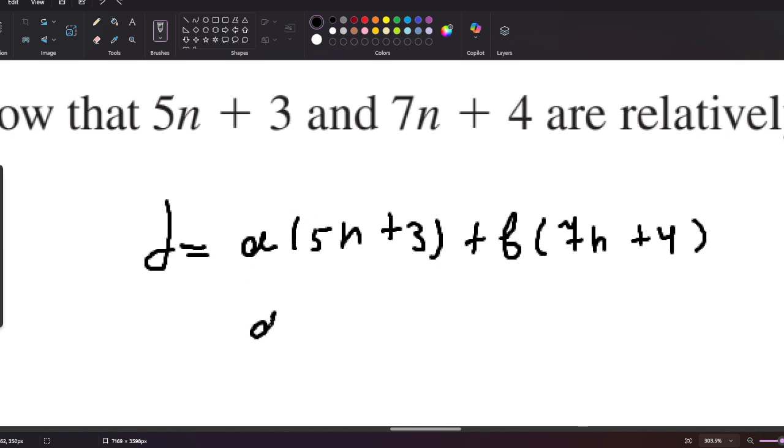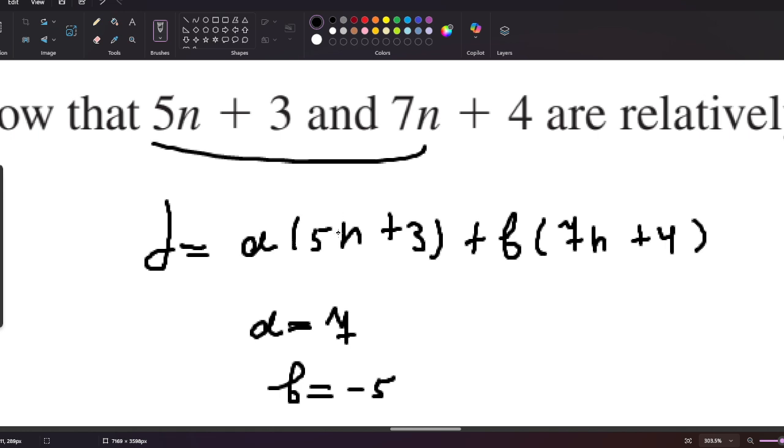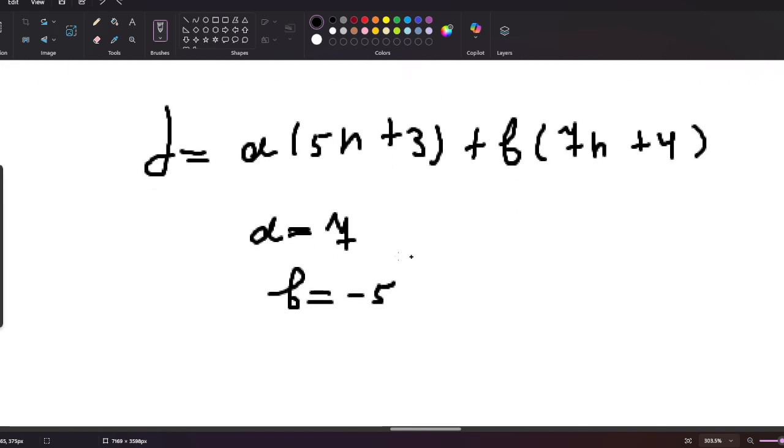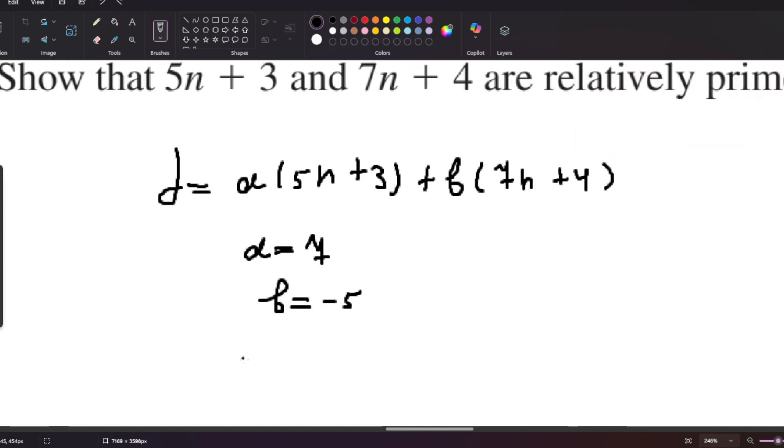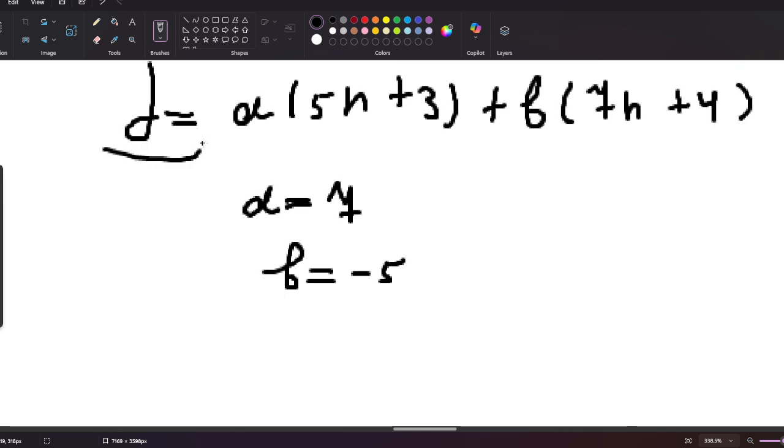So let's say that a equals 7, b equals -5, because 7 times 5 is 35, the lowest common multiple of 5 and 7. But since we need to make it cancel out, we will get 35 on the left side and minus 45 on the right side. So we have a special case here. We're not going to say that it's d because we don't know if it's the lowest one just yet.